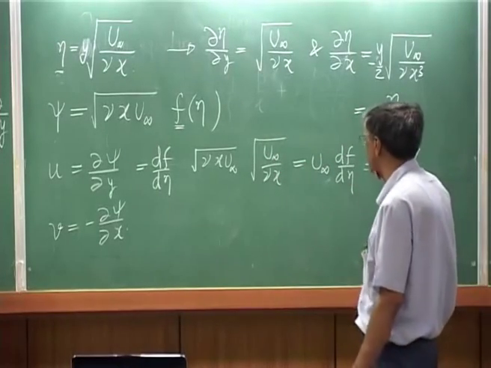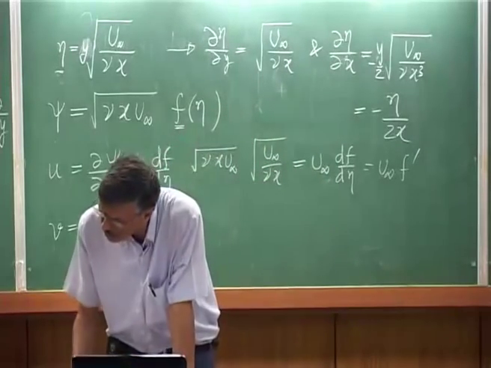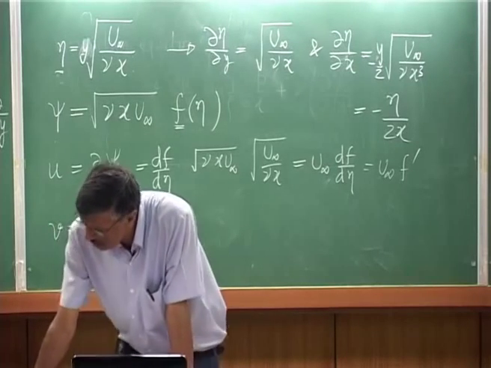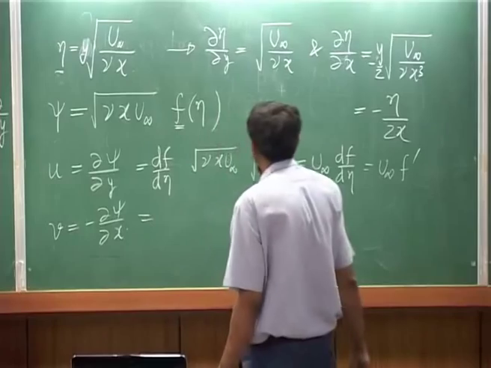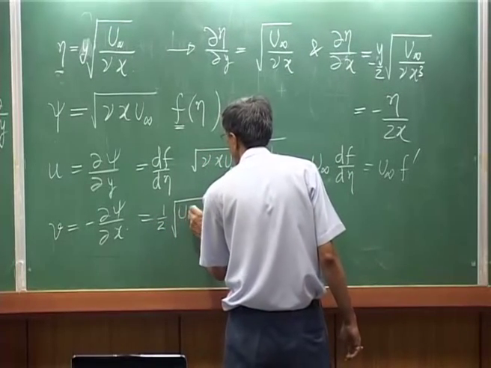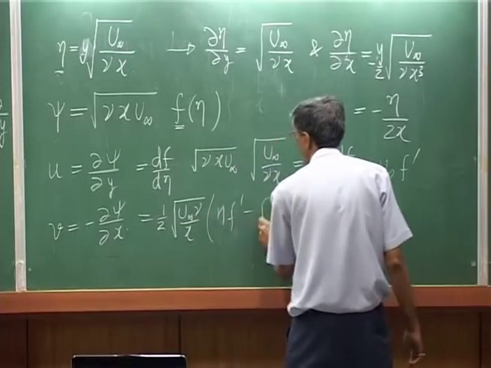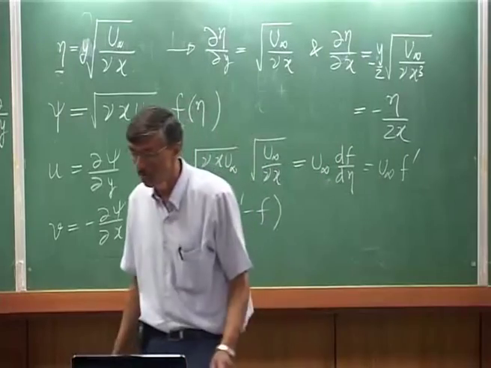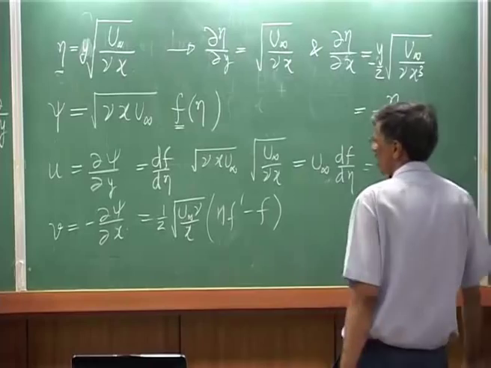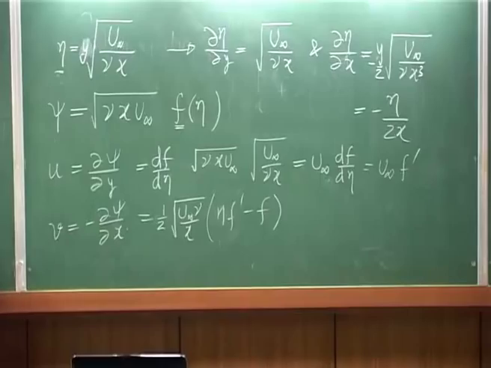So, the same way we can get this expression for v. I think you can work it out, and you will see that this is going to be half, okay. Now, you can keep doing those manipulations, working out the various terms in your boundary layer equation.